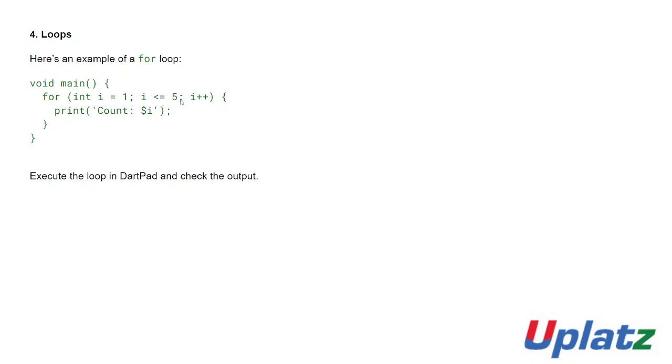Unless i is greater than 5, it will run. So it will print count colon $i. It will print count 1, then it will increase, count 2, count 3, count 4, then count 5. Then it will become 6. So 6 is not less than or equal to 5, then it comes out of the loop.